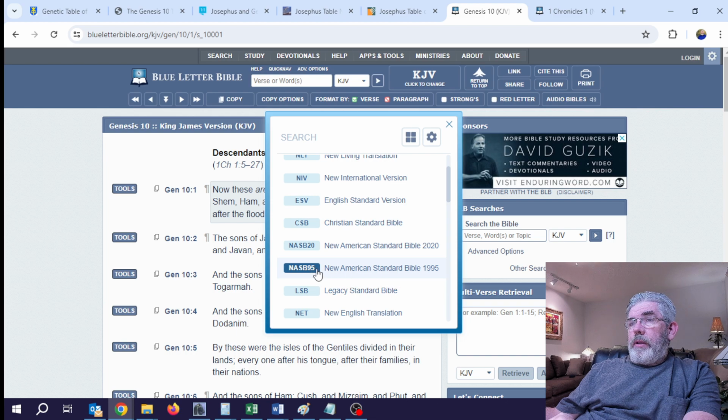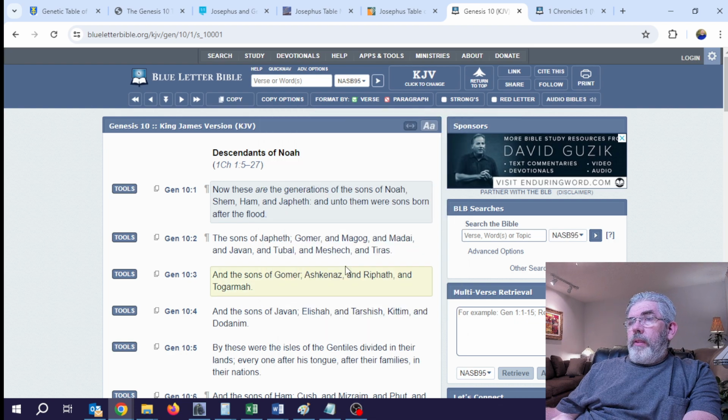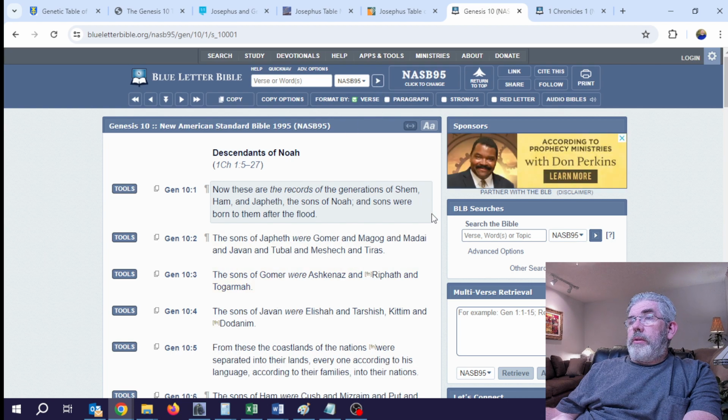I wish Blue Letter Bible had the 1977 version, but they don't. They only have the 95 version, which is worse, and the 2020 version is even worse than that. So don't let anybody tell you the latest versions of the New American Standard are better. Actually, the 1977 version is probably the best one they put out. But we'll use what we've got from the New American Standard, and this is the translation that I memorized way back when.